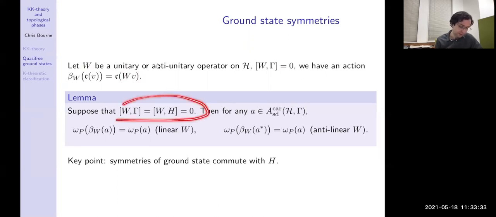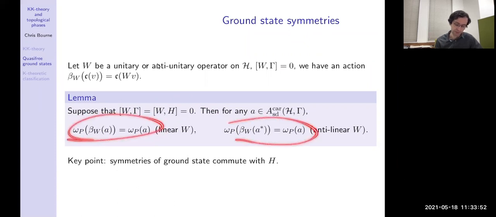If you have one of these unitary or anti-unitaries and it commutes with gamma and it also commutes with H, then this is going to be a symmetry of the ground state. So the ground state will be invariant under this automorphism. It will be invariant if it's linear, and it will have this star relation if it's anti-linear. But this is what we want for invariance of an anti-linear automorphism with respect to a state.